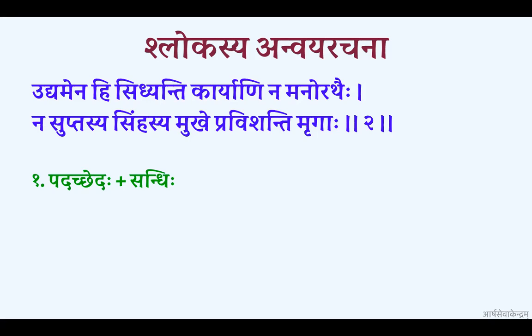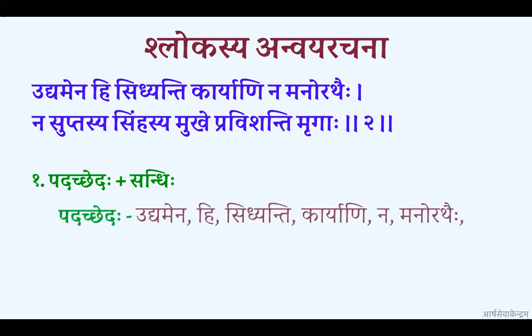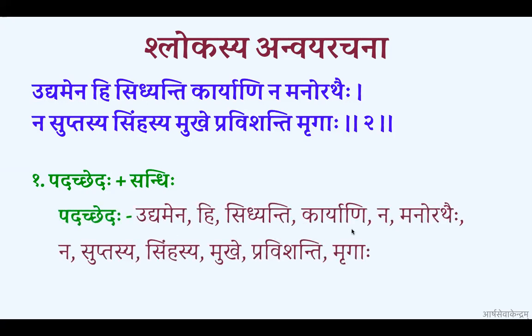Udyamena, hi, siddhyanti, karyani, na, next one manorathaihi, punaha na, asti, suptasya, simhasya mukhe pravishanti mrugaha. So udyamena hi siddhanti karyani na manorathaihi na suptasya simhasya mukhe pravishanti mrugaha. So these are the different padas in this shloka.